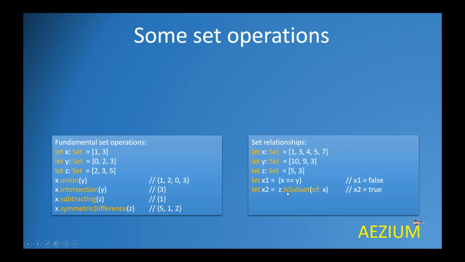So these are again the keywords that we have to use, and notice the use of parentheses in front of is subset. So we check whether z is a subset of x. Here z is given by this set and x is given by that set, and because 5 and 3 are also elements of x, we realize that z is a part of x. So the outcome of this, which is a Boolean, is going to be true, and as a result x2 will be true.